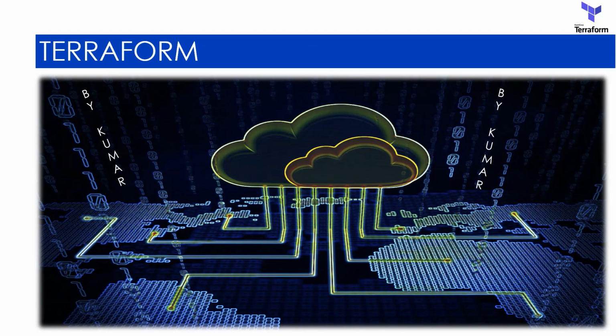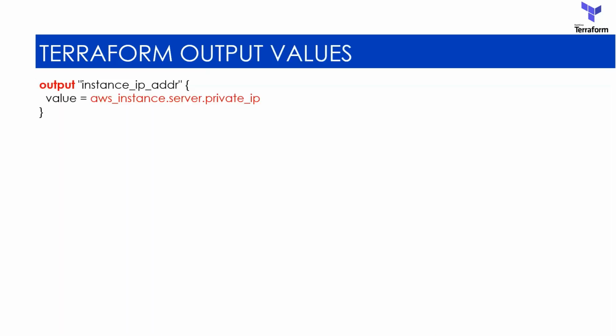Hello and welcome. In this lecture, we are going to talk about Terraform output values. The syntax of an output starts with the keyword output and then the name of the output. You can put anything which is relevant to the resource. And then in the output, I have a value.